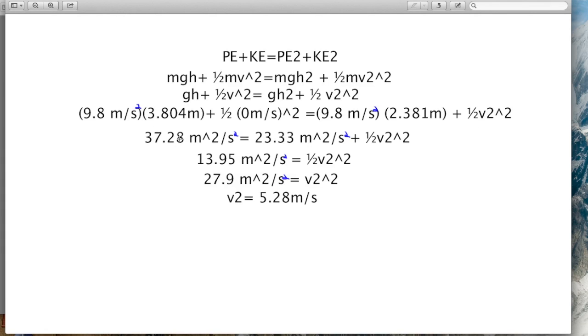I calculated and got 37.28 meters squared per second squared equals 23.3 meters squared per second squared plus 1/2 v2 squared.